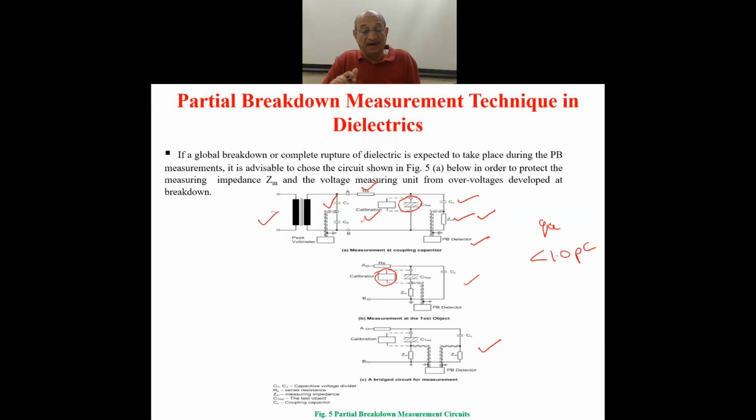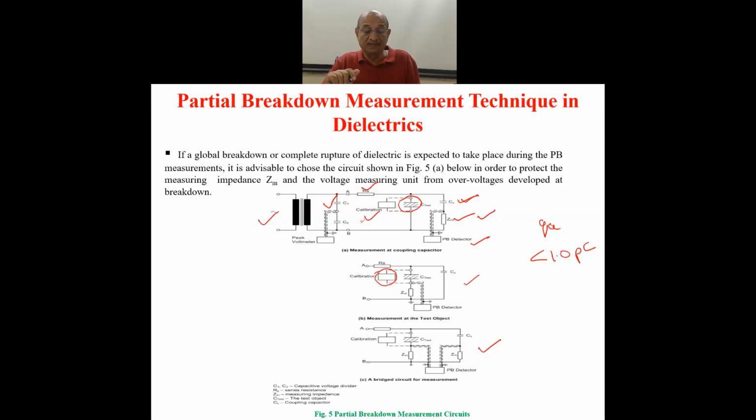If the far end of the circuit is kept at open circuit, with nothing terminating the far end where we have put the coupling capacitor, there may be reflections of the partial breakdown pulses produced in the test object, and this reflection may interfere with the actual measurement of the pulses produced.